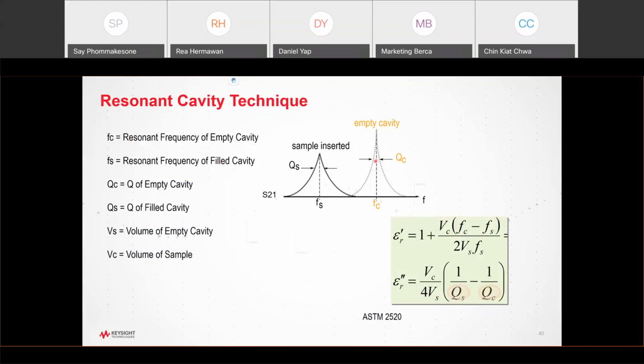When you put the sample in, the resonant frequency shifts as well as your bandwidth changes. The amount of change in the bandwidth or the Q gives you the imaginary part of your permittivity. The change in the frequency gives you the real part of your relative permittivity value.